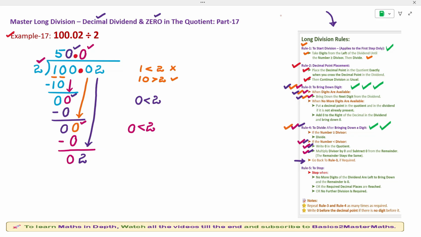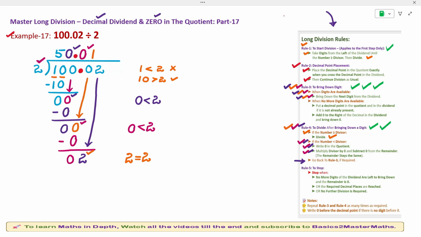Let us apply rule 4 again. In this case, the number becomes 2, which is equal to the divisor 2. So, as per rule 4, if the number is greater than or equal to the divisor, then divide.